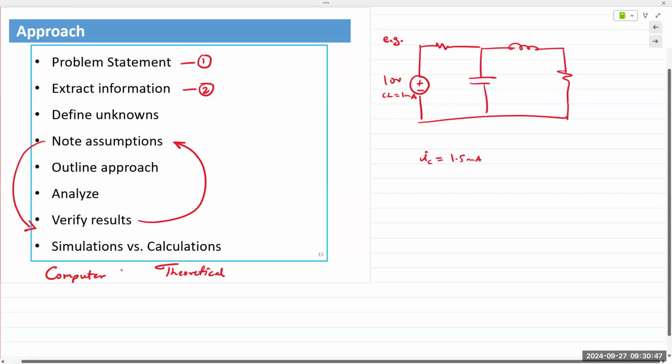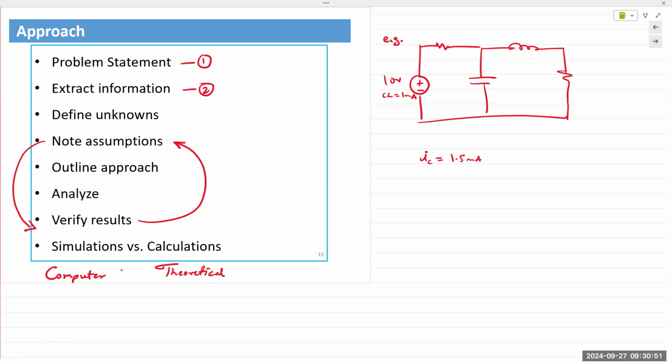Now, everything could be correct about your analysis and your result. Your assumptions are valid. Your analysis technique is valid. The method is correct. Your approach is correct. Your calculations are correct. Your final value, I mean, the value of 1.5 is also correct.